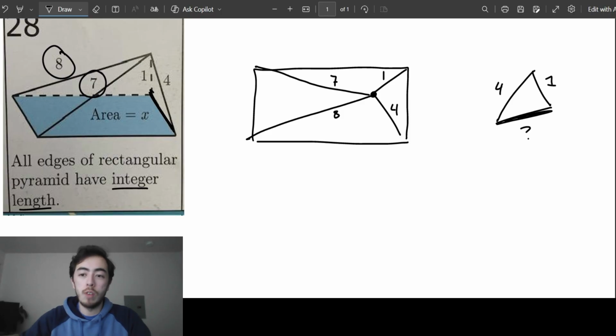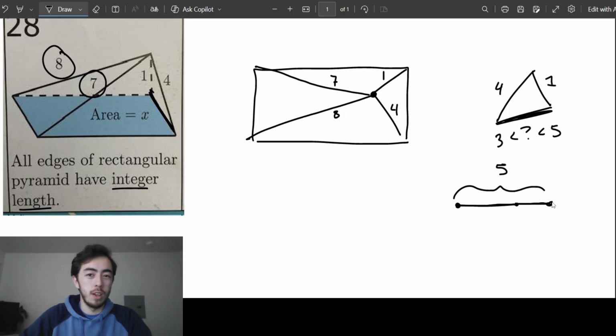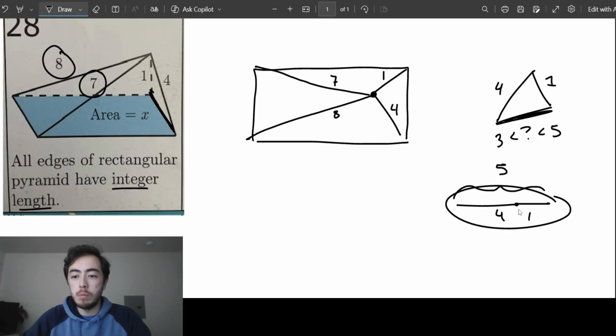And given that it's a triangle, we know that this mystery length must be greater than 3 and less than 5. The idea here is that if we place this 4 and a 1 in a straight line, then we'd have a length of 5. Although if we tried to connect these endpoints, we wouldn't be creating a triangle anymore. This would just be a line segment. So we do need the 4 and the 1 to have some kind of angle here that's not 180 degrees, and that would just barely decrease this 5 to something a little bit lower.